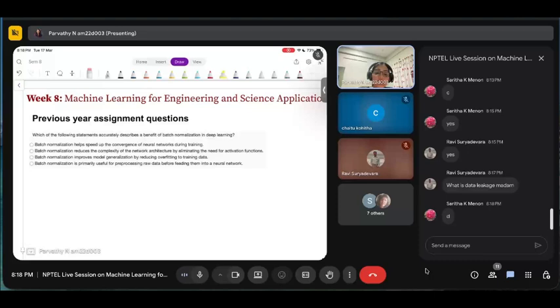So if you give some parts of the test set to the training set, that is called data leakage. The model will already have some information about what the test set will look like, so it will give a good performance. But that does not give you the right performance because there is already some leakage of data.